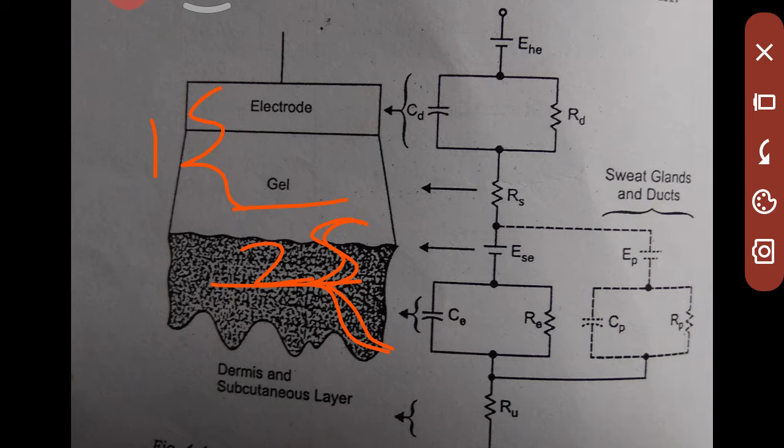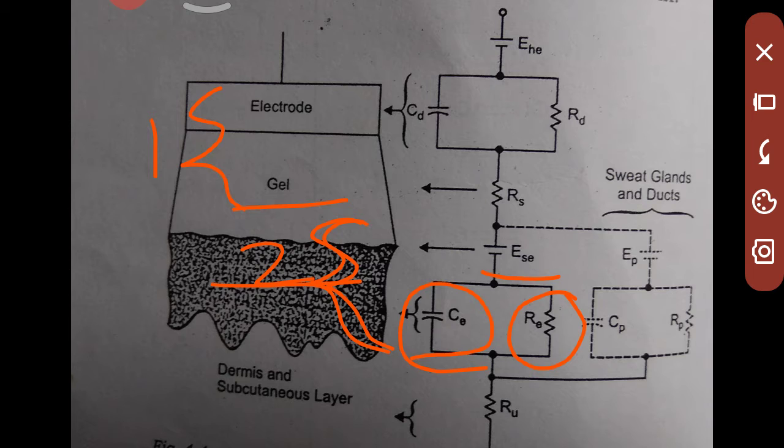The half cell potential of the gel and skin interface is ESC, and the resistance and capacitance, that is the impedance of the electrode and electrolyte interface of the skin, is CE and RE.